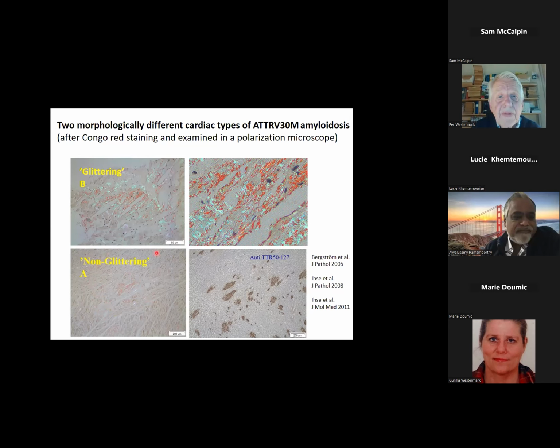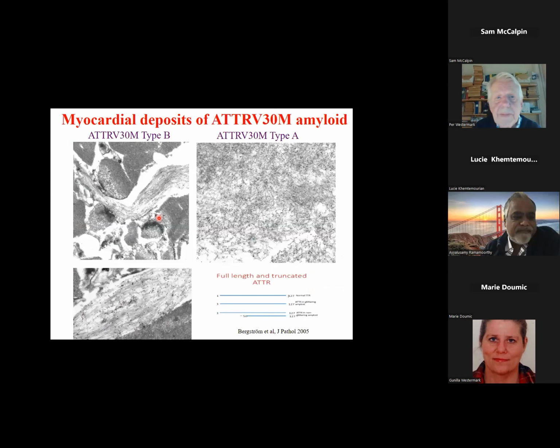So we thought that this seemed to be differences. There were not intermediates, but just two very clear groups. And this could also be seen in the electron microscope, that those that had glittering appearance consisted of fibrils that were long, parallel bundles.